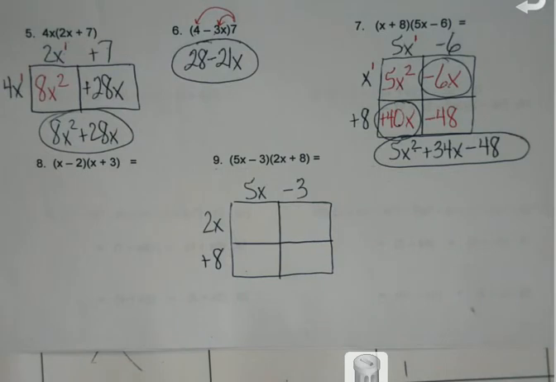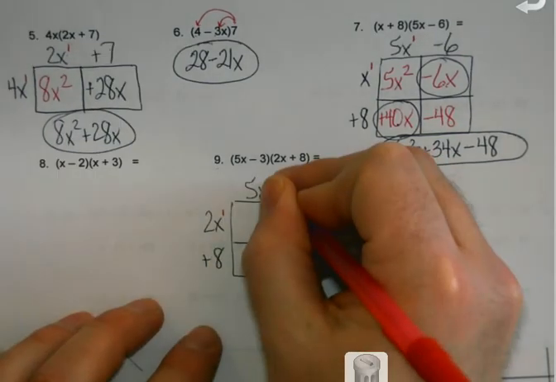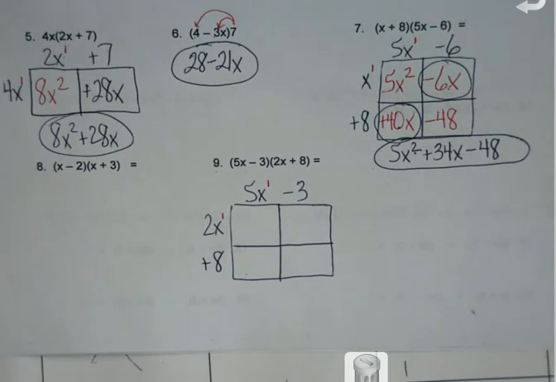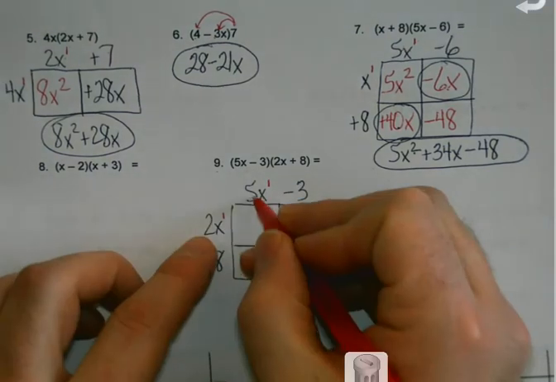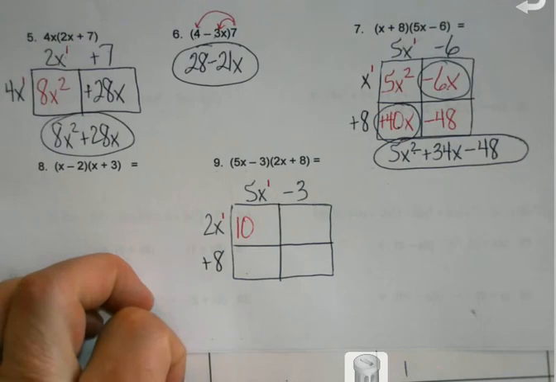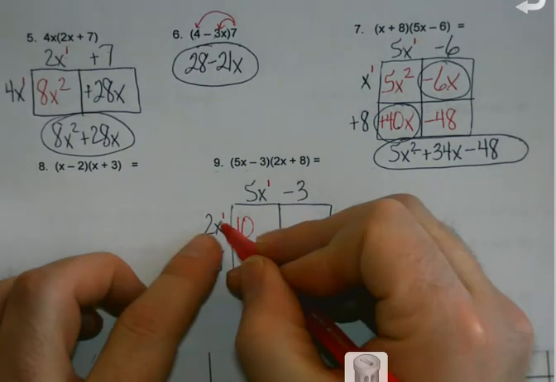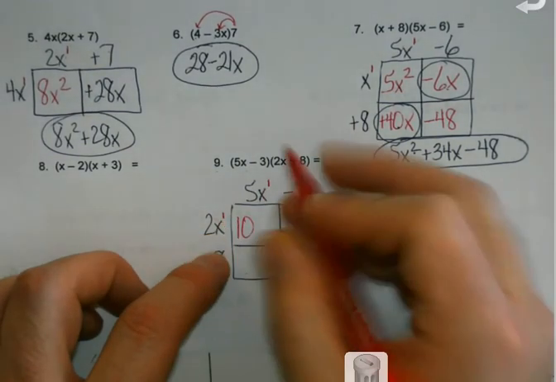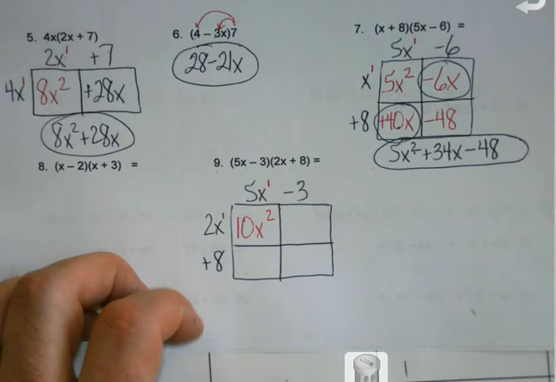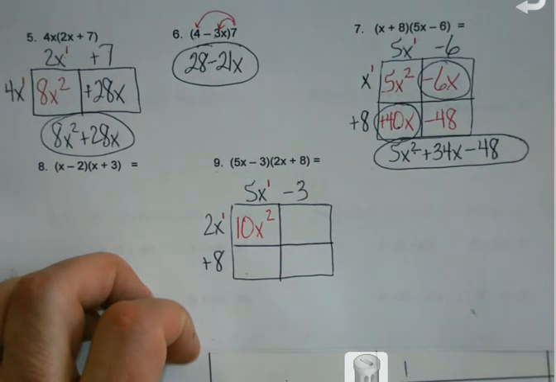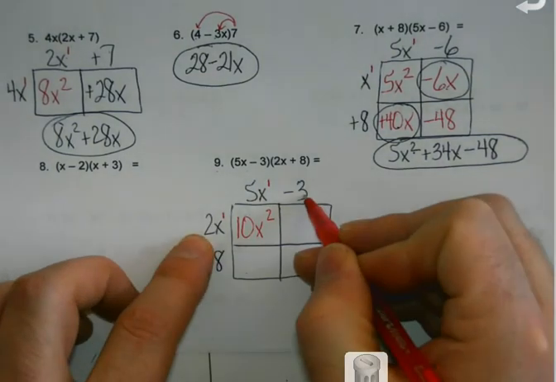So, again, get my ones in here. And I go ahead and multiply. 2 times 5 is 10. Add my exponents. 1 plus 1 gets me 2. Here, I'll just multiply the numbers.